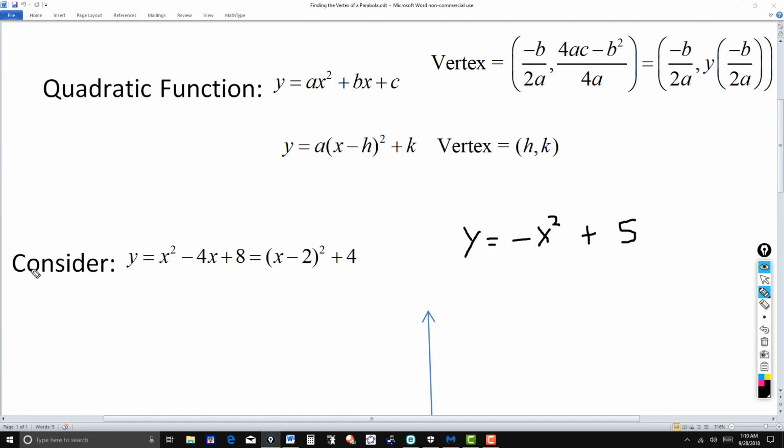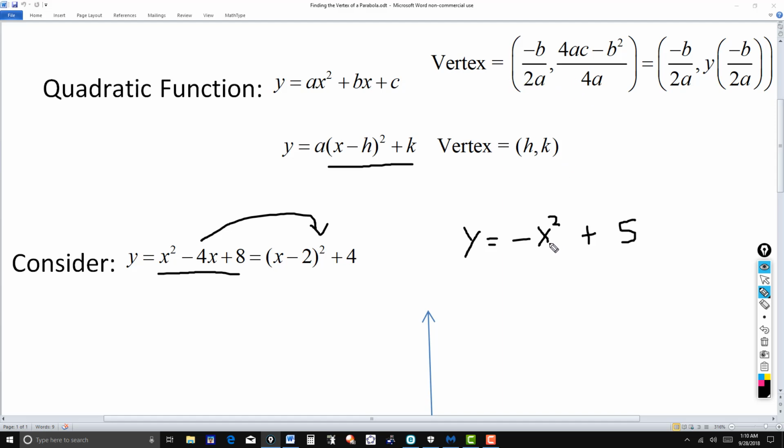On this particular one right here, you can complete the square. That's what I did going from here to here. And then, of course, it's very easy to find the vertex if it's written in this format. This way, you have to do a little bit more work.